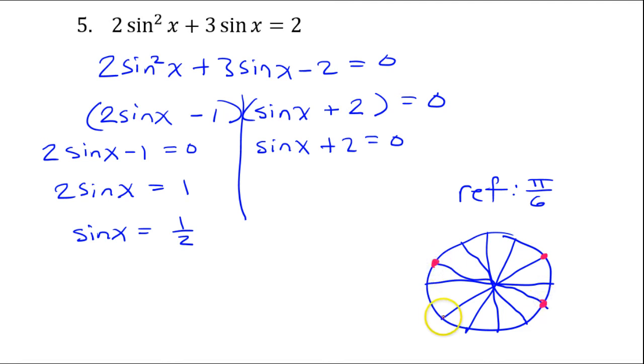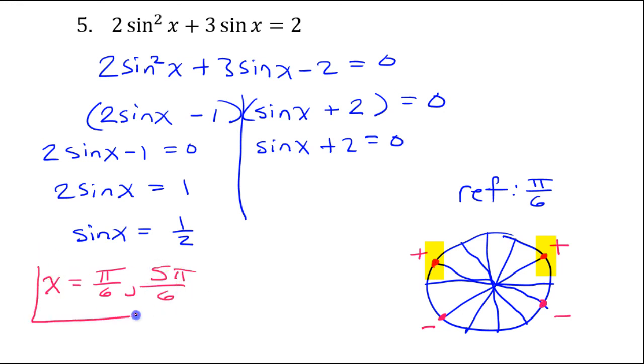Here, here, here, and here. 2 of them will give me positive 1/2 and 2 of them will give me negative 1/2. We're talking about the sine function. These are y values on the unit circle. So it will be positive up here and negative down here. For this problem we want positive 1/2, so we want these 2 angles for our solutions. So that's going to give us x equals pi over 6, that's the first one, and 5 pi over 6 for this one.